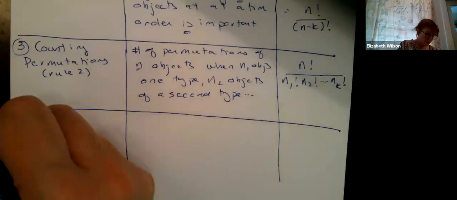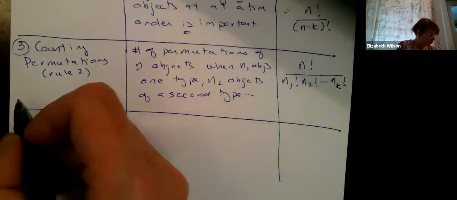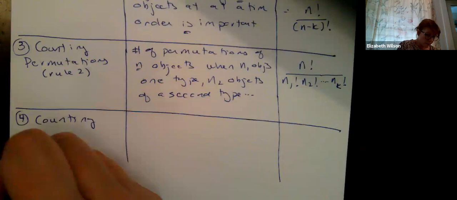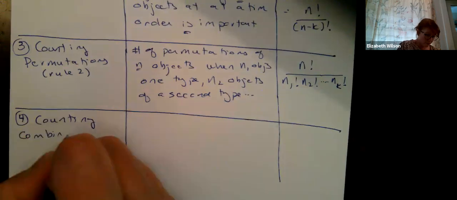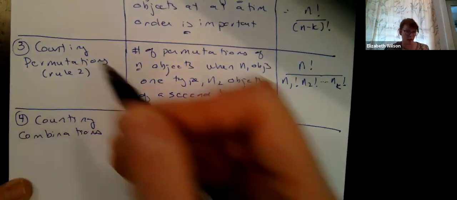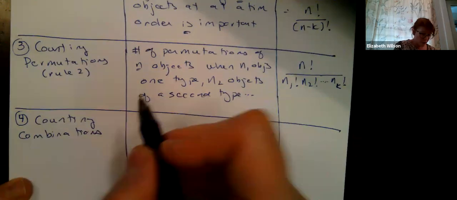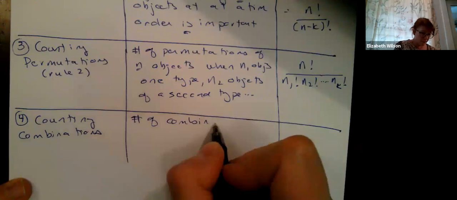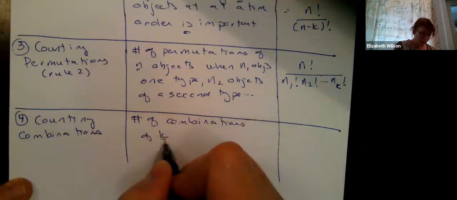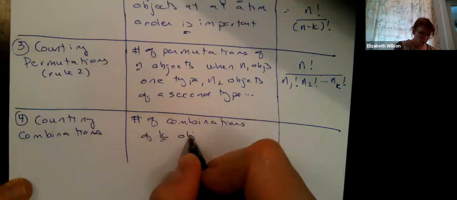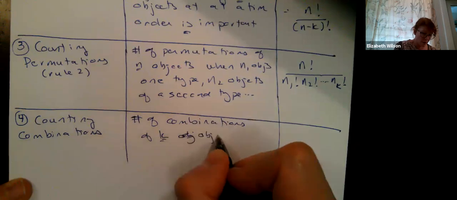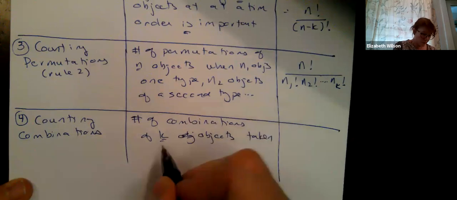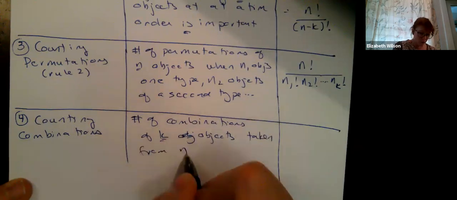Our fourth rule total is counting combinations, not counting permutations, but counting combinations. What this says is the number of combinations of k objects taken from n total objects.